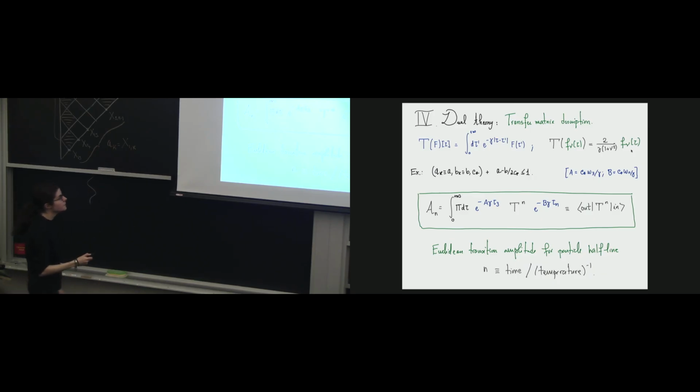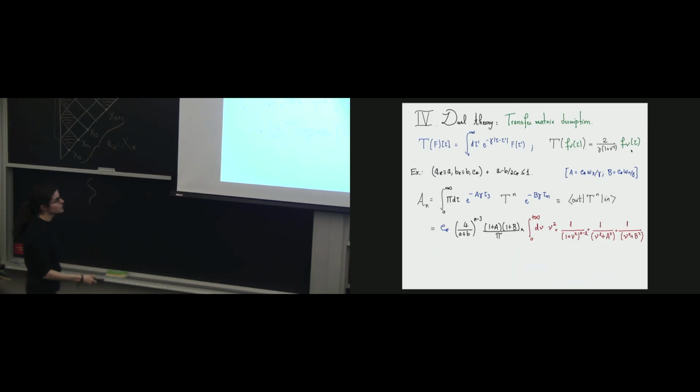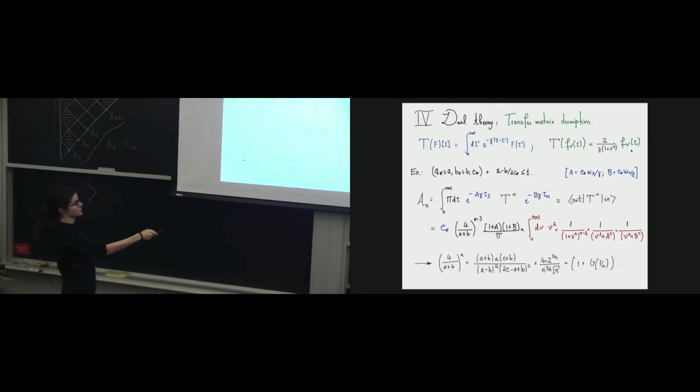In particular, if you do that here, after you decompose into the eigenfunctions, you find that the overall prefactor already has the correct asymptotic behavior that we derived earlier, and then you're left with some integral in this frequency space for these eigenfunctions. From here, by performing some simple saddle point analysis, you can derive the further 1/n corrections, so this n to the 3/2 that we had already for these Catalan numbers.